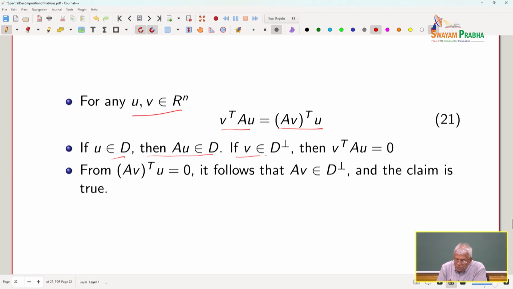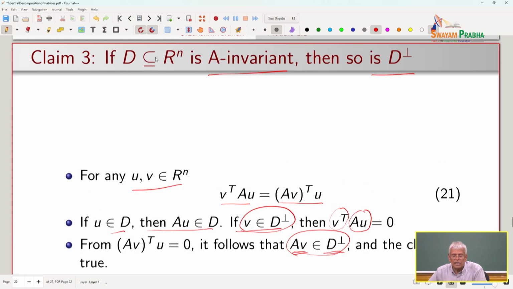V belongs to D perpendicular, and A u is in D, so v transpose A u must be 0. From (A v) transpose u equal to 0, it also follows that A v belongs to D perpendicular. That means if v belongs to D perpendicular, A v also belongs to D perpendicular. That means if D is A-invariant, D perpendicular is also A-invariant.